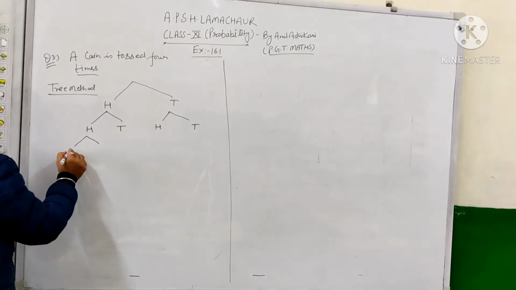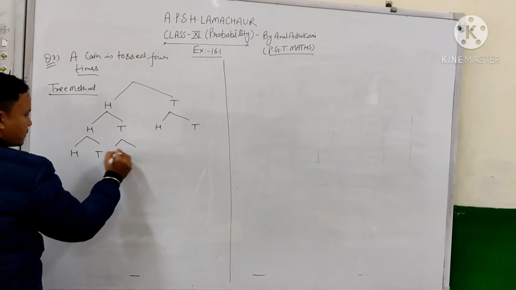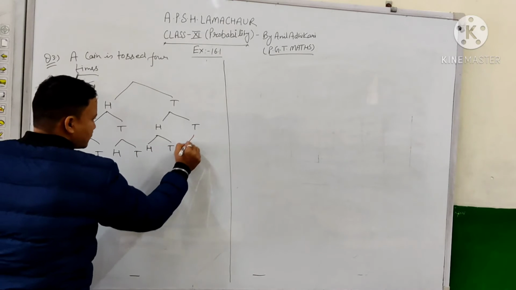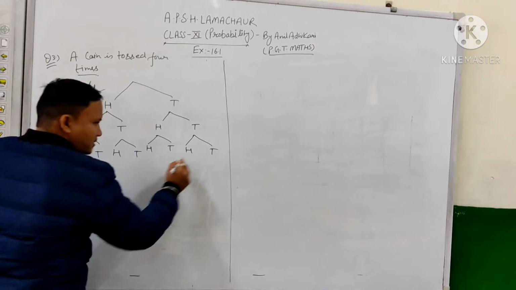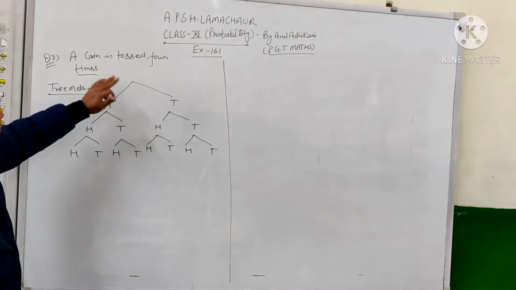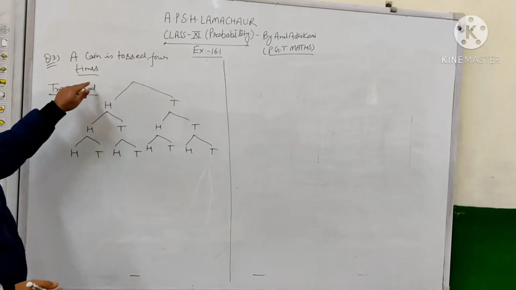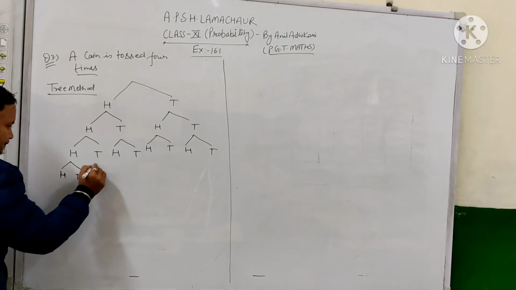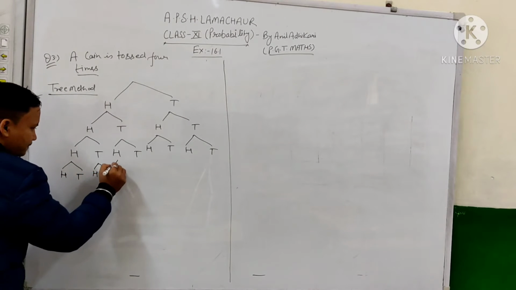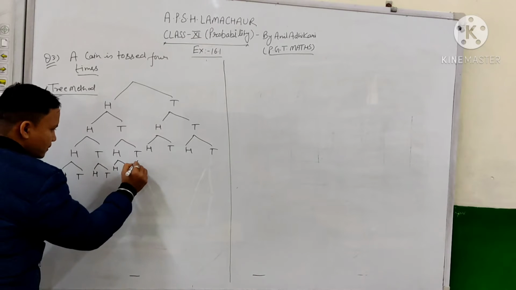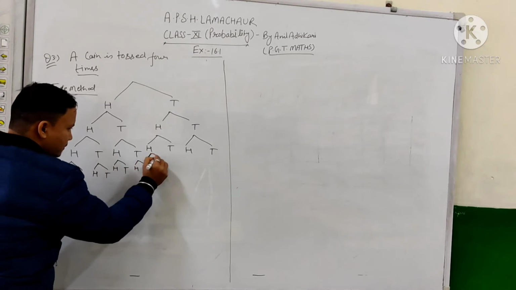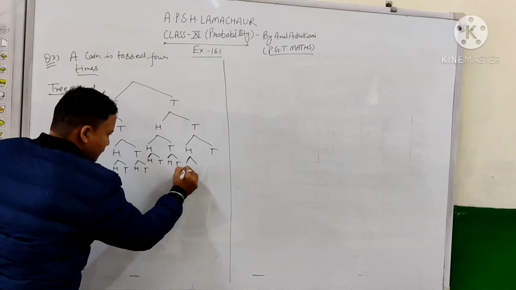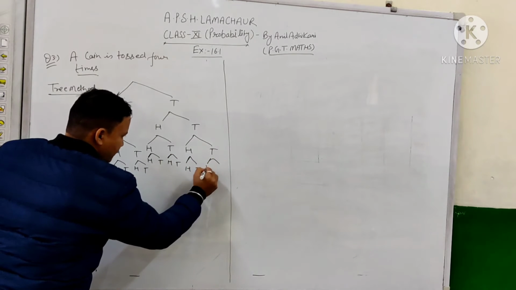Now the third time H, T, and this process will continue till the last toss. So we have to toss it 4 times. This is the third time. Now the fourth time again H, T, and H, T.